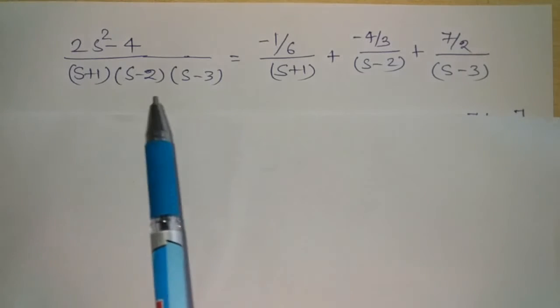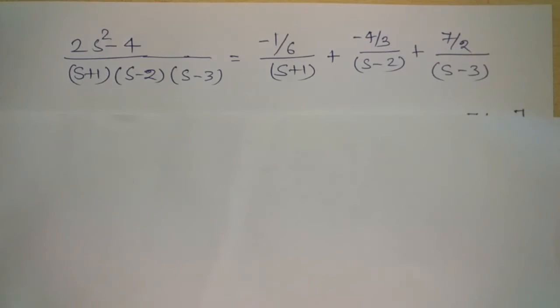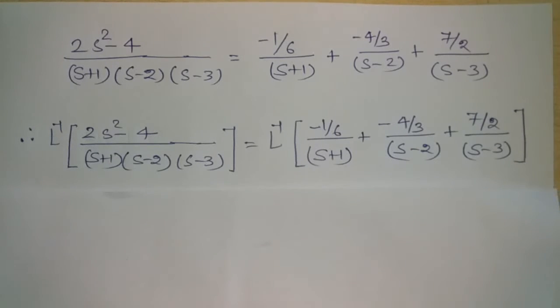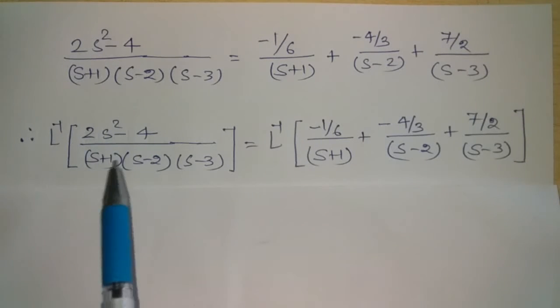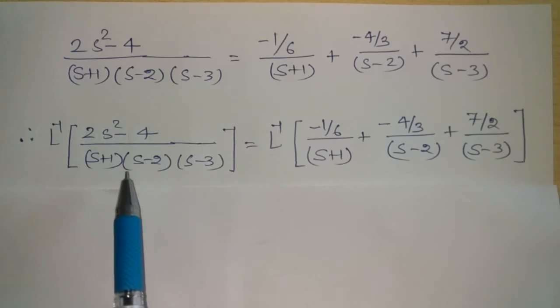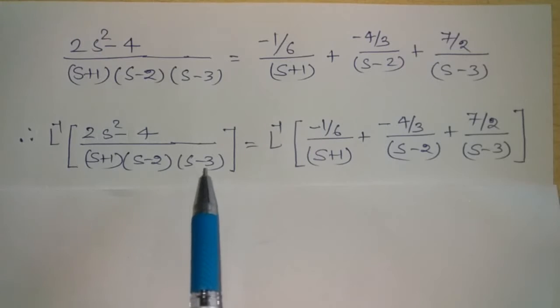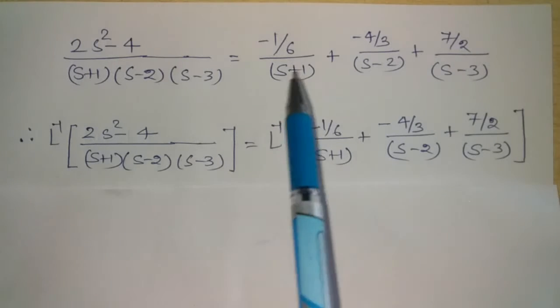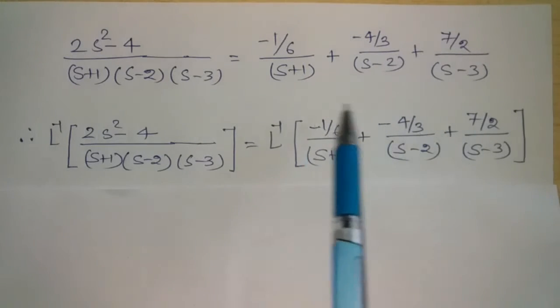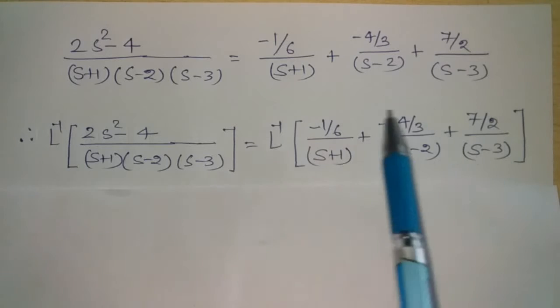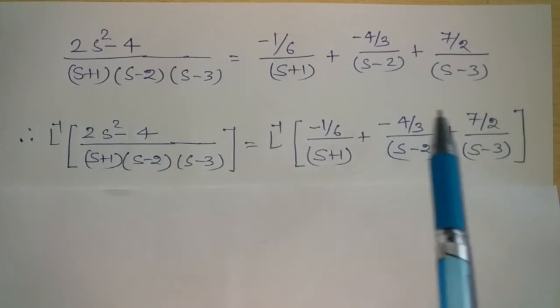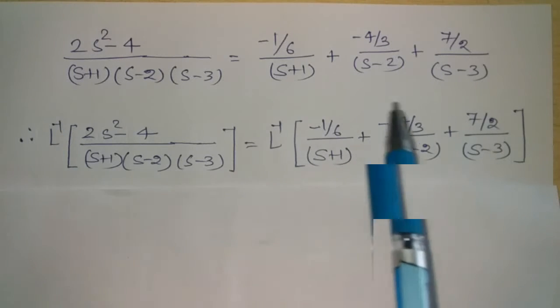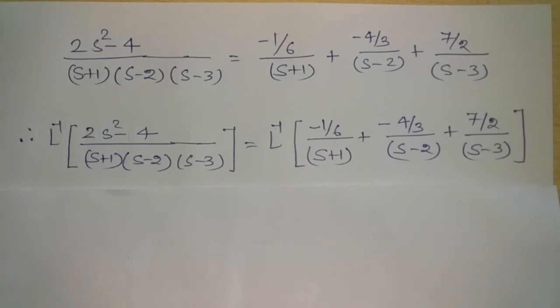Now we take the inverse Laplace transform on both sides. We get the inverse Laplace transform of 2s square minus 4 upon s plus 1 into s minus 2 into s minus 3 equal to the inverse Laplace transform of this expression. Here we apply the linear property of the inverse Laplace transform.